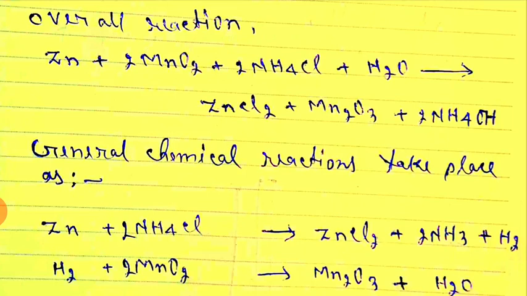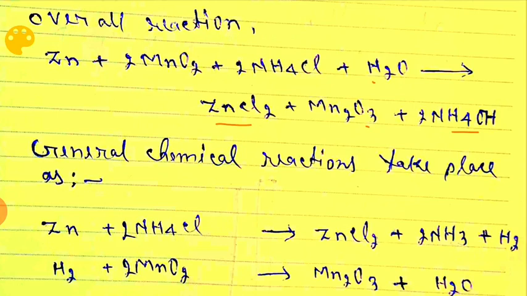Overall reaction is Zn plus 2MnO2, in balanced form, plus 2NH4Cl plus H2O is equal to ZnCl2 plus Mn2O3 plus 2NH4OH, means it is the reaction of anode and cathode. Zinc chloride ZnCl2, Mn2O3 manganese oxide, and NH4OH ammonium hydroxide are formed. It is the anode and cathode reaction.